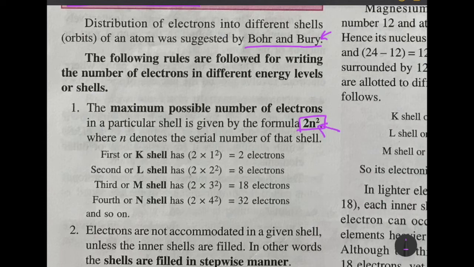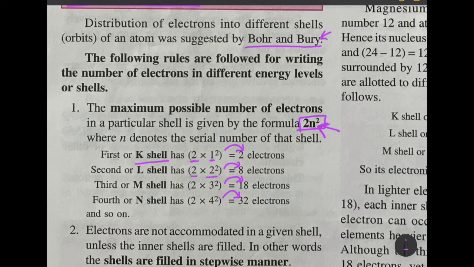The first shell or K shell has 2 into 1 square, so 2 electrons. Second will have 2 into 2 square, 8 electrons. Third will have 18 electrons. Fourth will have 32 electrons, and so on. So this is the formula you must remember when you are asked about the maximum possible number of electrons in different energy levels.